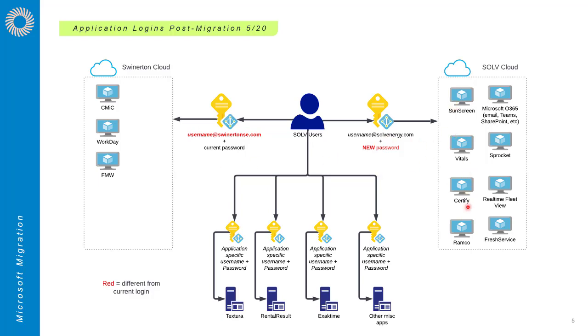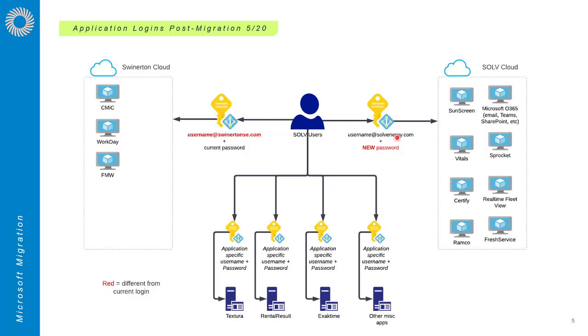For all of our SOLV applications that get moved over, including your email and SharePoint and Teams and those kinds of applications in Microsoft, the username that you use today to log into those, that's currently in Swinnerton, so again, first name dot last name or first initial last name at solvenergy.com, is still the same.